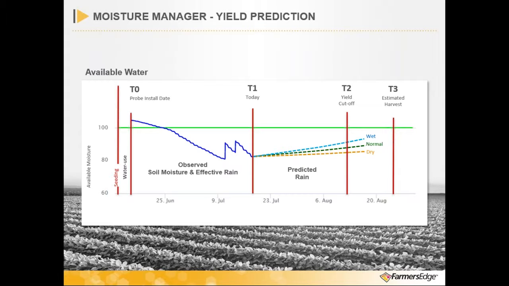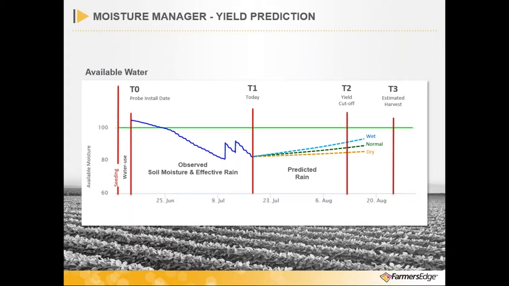And then the wet line, which is the light blue, that is the 80th percentile of average rainfall. So of the past 30 years, this is the number that is at the 80th percentile. And then the dry line is at the 20th percentile of rainfall. And so you'll get 3 different numbers there.